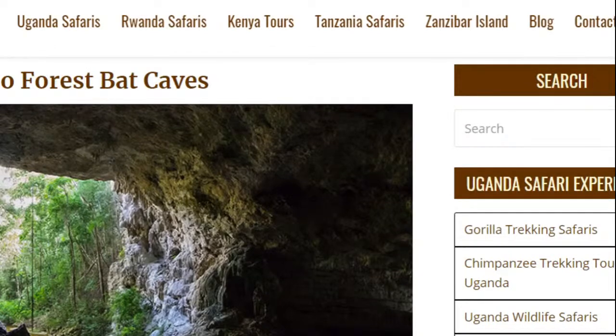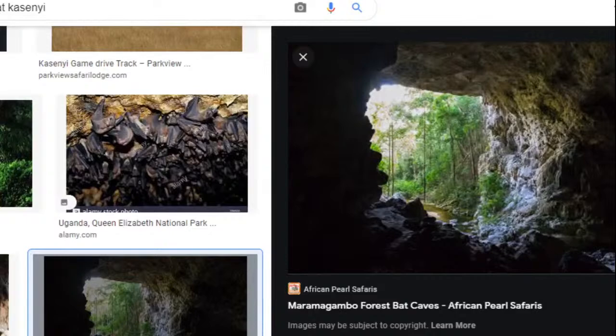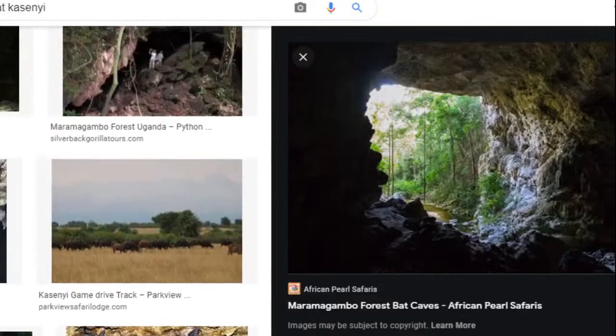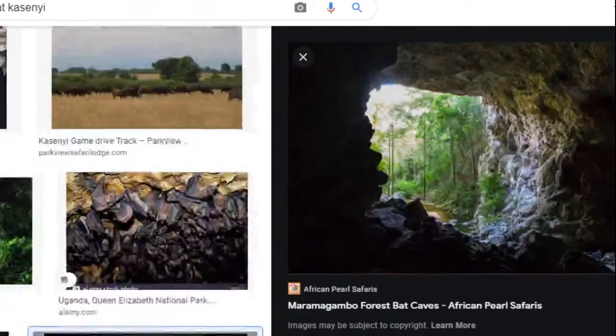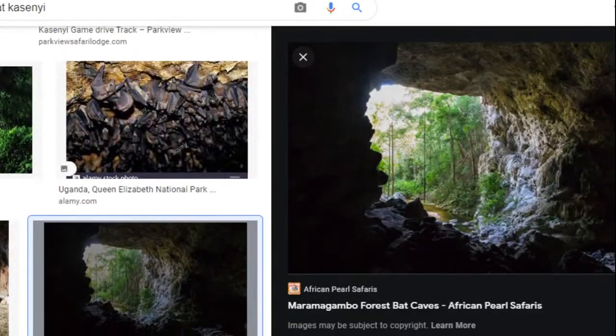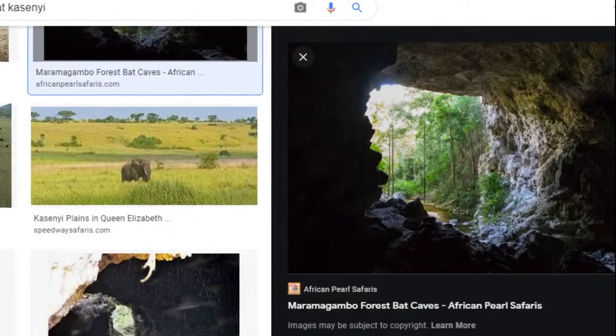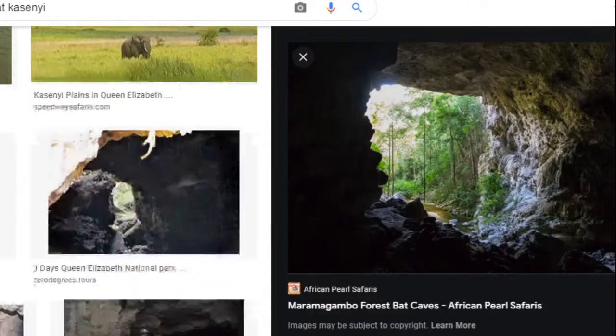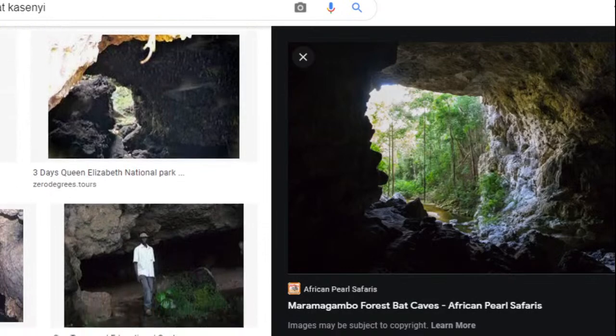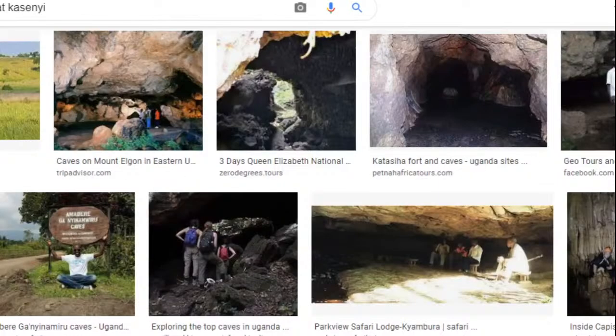This one we are showing here is in Maramagambo Forest. Although it is not a lake or a sea, it shows you a horizontal tunnel. It is found in Maramagambo with several bats. So that is an image showing you what a cave looks like.